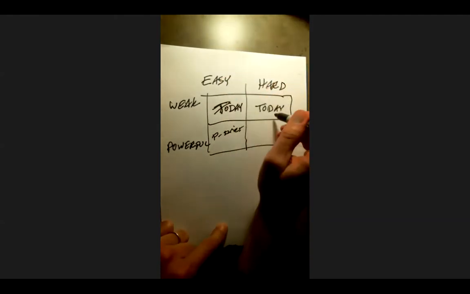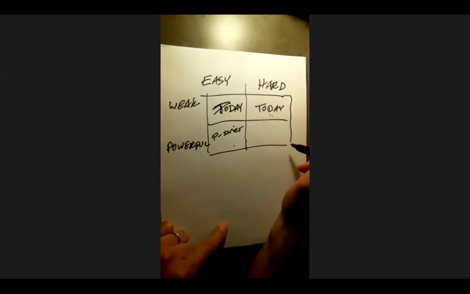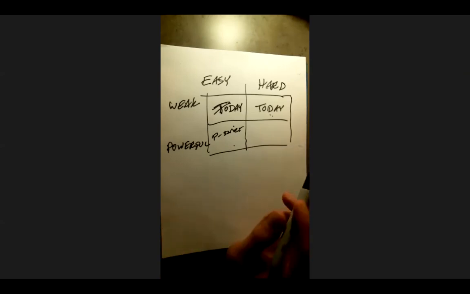So this is a terrible box: something that's hard and gets you nothing out. That's the worst. The best is easy and powerful. Doing hard and powerful can be good, but it's still hard. So anyway, a little box to help you understand how to prioritize items on the list. Without further ado, let's dive into our lesson.